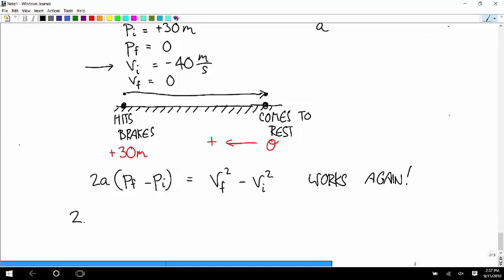Okay, so we have 2a times the quantity 0 minus 30 meters is equal to 0 minus the quantity negative 40 meters per second squared.